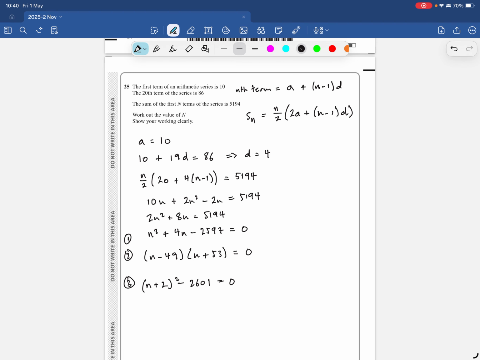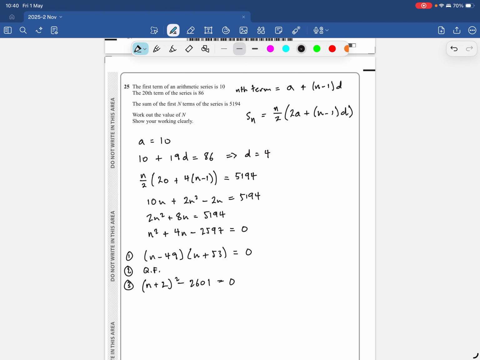jumping straight to the answer, which is what your calculator will do, means that you miss one of those marks. So I recommend that you show the quadratic. Hang on, let me just get that right. So you either get a mark for this, or you get a mark for the substitution into the quadratic formula, or you get a mark for writing it down in completed square form.